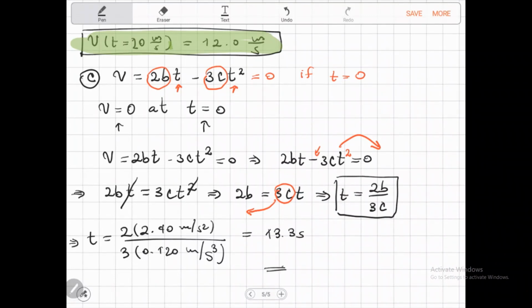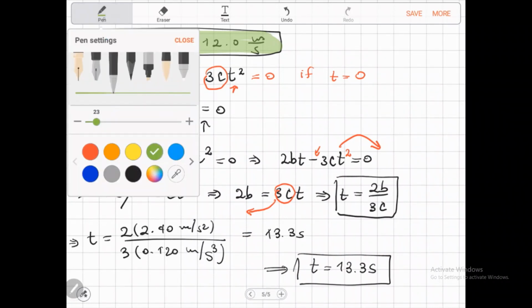Then the time when the car is at rest again is when t is equal to 13.3 seconds, and this is the result that we are looking for.